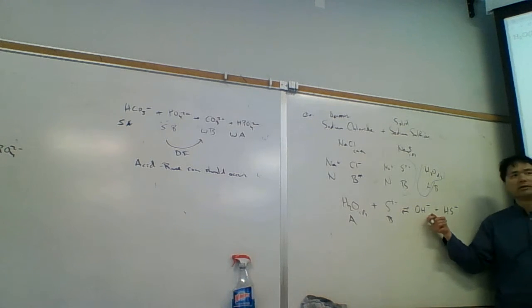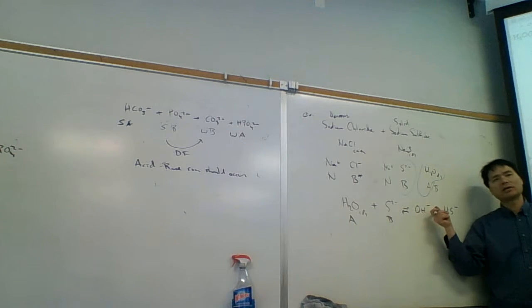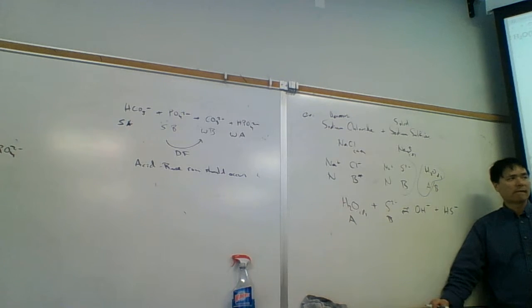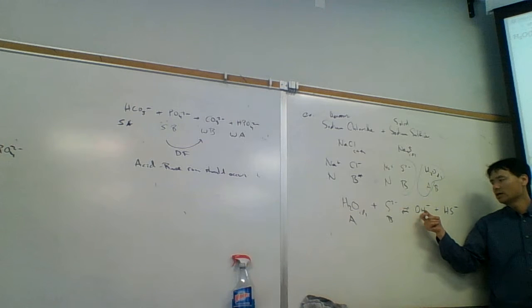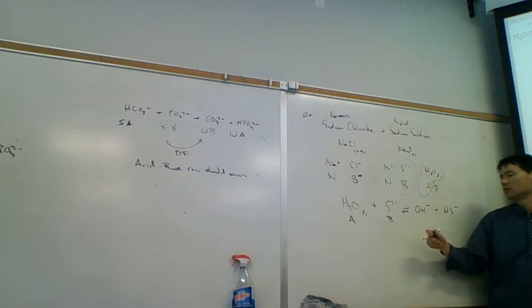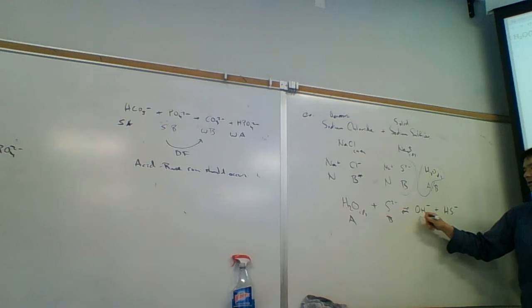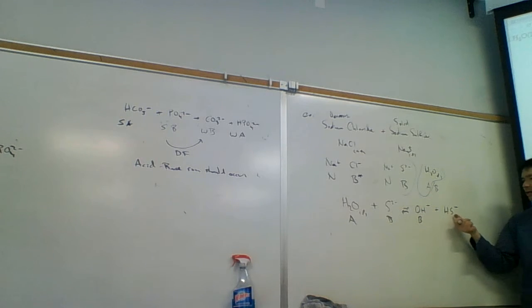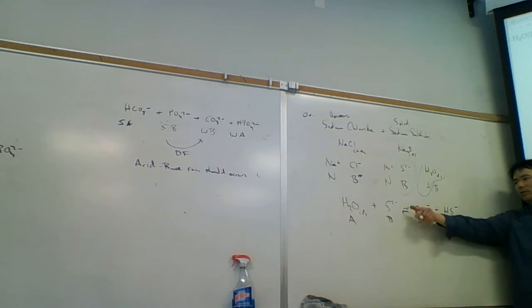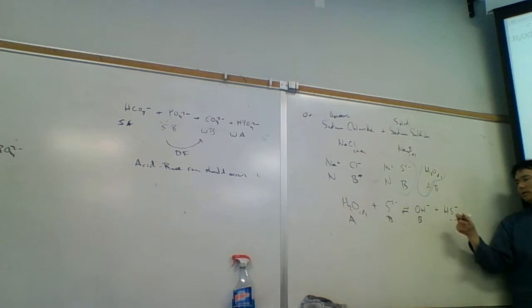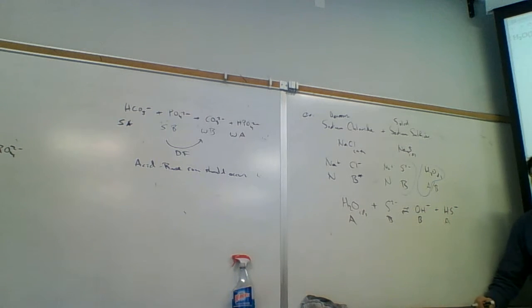Hydroxide loses a hydrogen going backwards or gains a hydrogen going backwards? Gains. So hydroxide gains a hydrogen to go to H2O. If it gains, is it the acid or the base? It's the base. And then HS minus loses or gains going backwards? Loses, so this has got to be the acid.